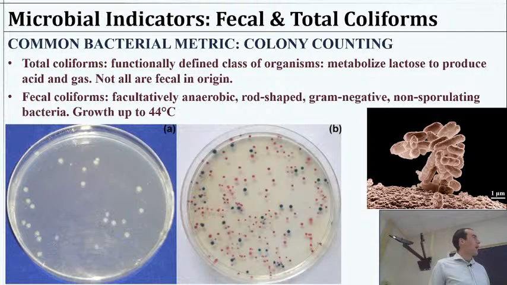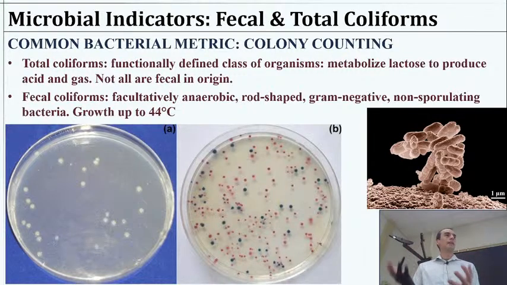Or possibly a little higher to try to get a bit of a distinction. But in general, if we do it at 37 Celsius, that's probably going to give us what we call total coliforms. That's a decent indication of what might be living there. What kind of bacteria are there that would probably live in a warm-blooded gut.